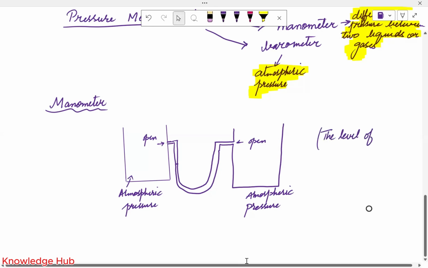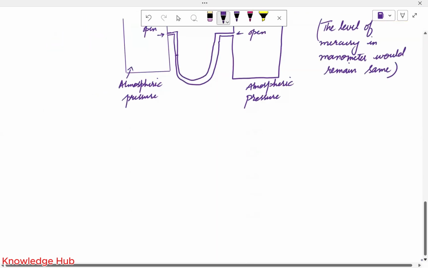Level of mercury in the manometer would remain the same, as we have connected both of them.